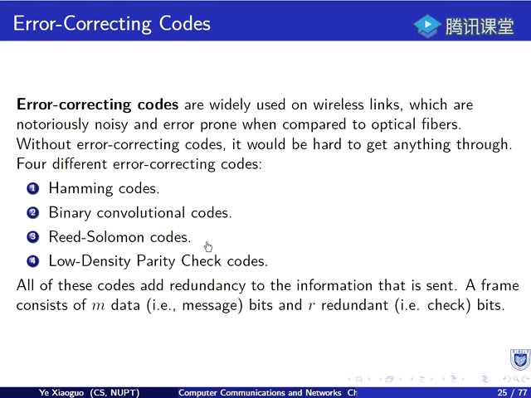Without error correcting codes, it would be hard to get anything through. The different error correcting codes listed here: Hamming codes, binary convolutional codes, Reed-Solomon codes, low density parity check codes. Usually, Hamming codes are widely used.